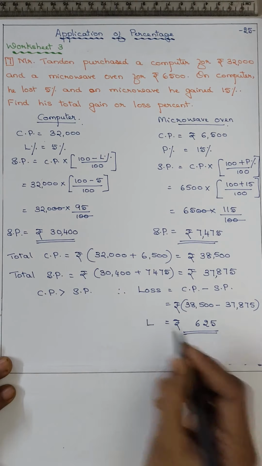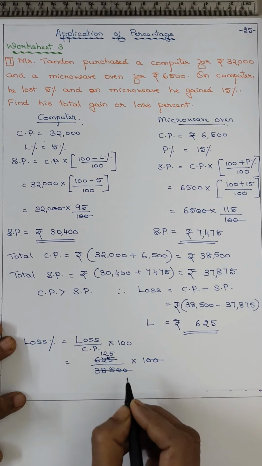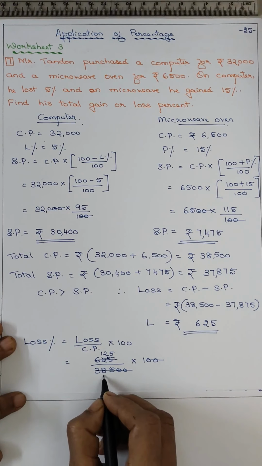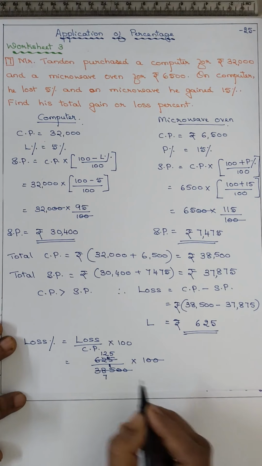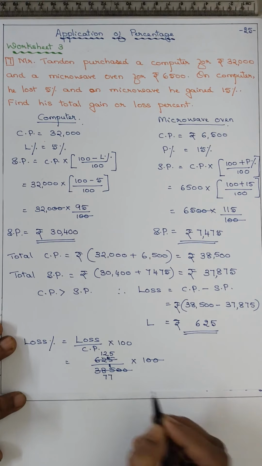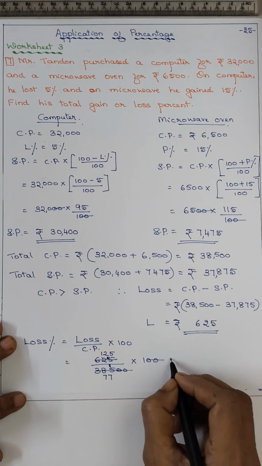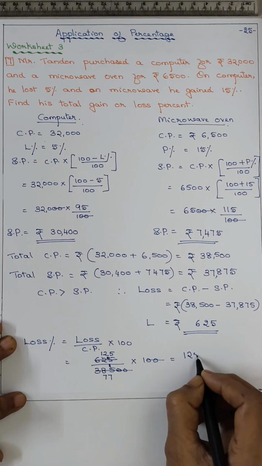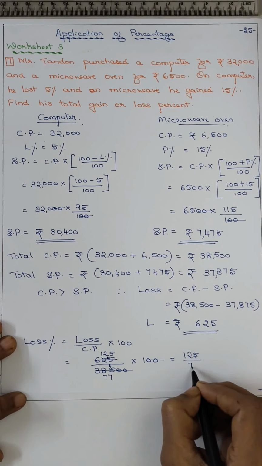Now 5 ones are 5, 5 twos are 10, 5 fives are 25, 125s are 625, 5 sevens are 35. So you got 125 upon 77.